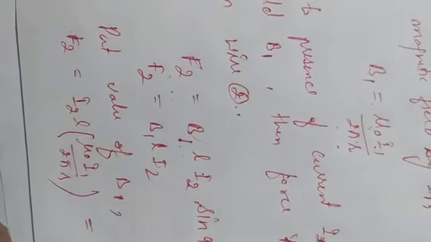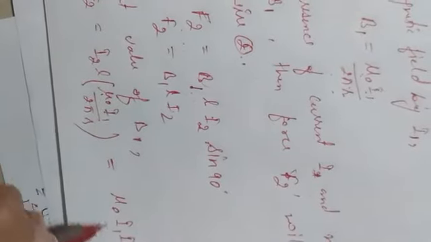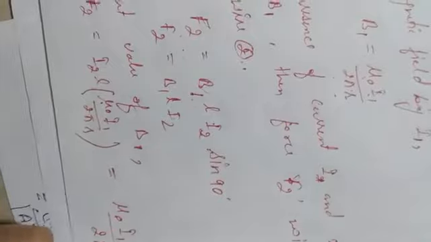Now from here we can write F2 equal to mu naught I1 I2 into L divided by 2 pi R. This one is the force due to the parallel current carrying wire. B1, F2 we had to find out, then F2 came as this.